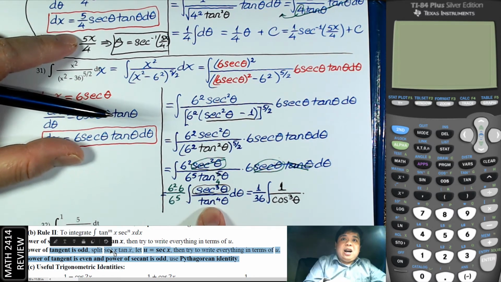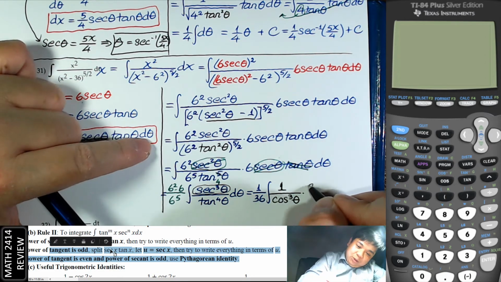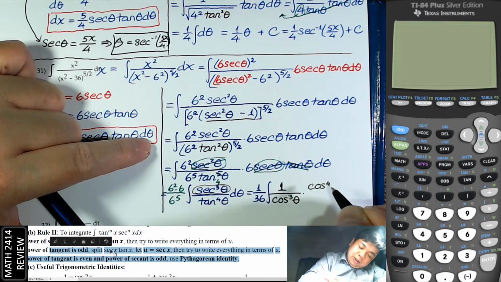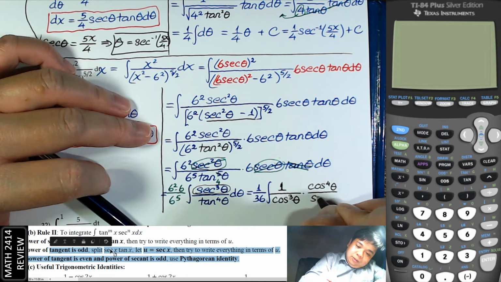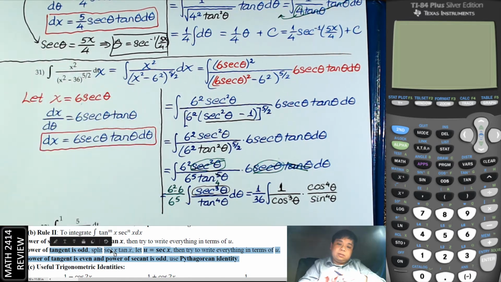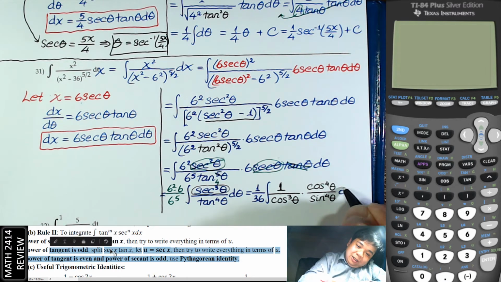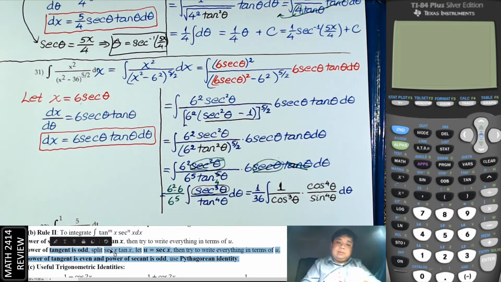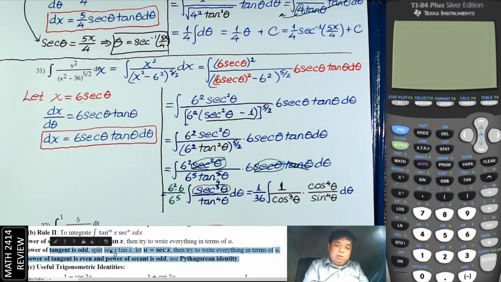And tangent is sine over cosine. And then reciprocal, so we get cosine over sine, so cosine to the 4th. Tangent to the 4th power is sine to the 4th over cosine to the 4th.